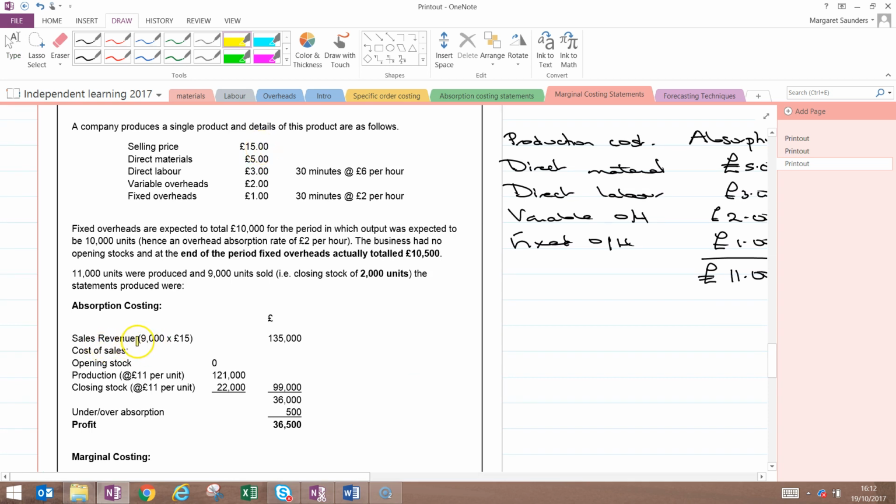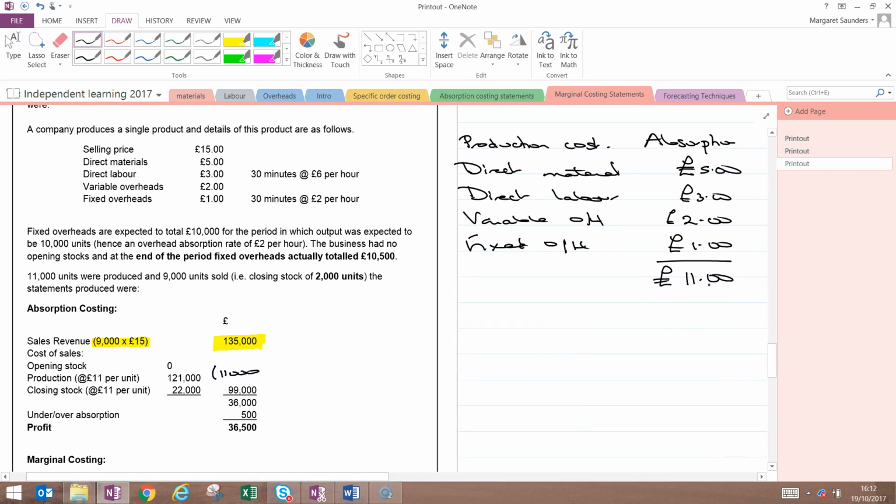So our sales revenue, 9,000 times £15, 135,000. There is no opening stock. Our production, we produced 11,000 units, and we know that it is £11 a unit.